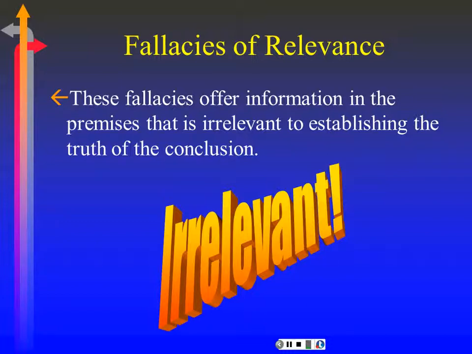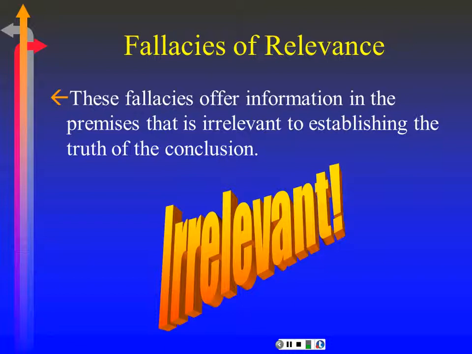Now, as I like to say, it might be more descriptive of what they really are to refer to them as fallacies of irrelevance, because what the fallacies in this group have in common is that the information given in the premises as evidence is entirely irrelevant to establishing the truth of the conclusion.